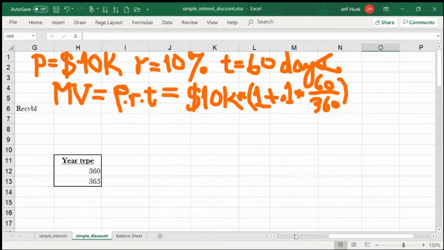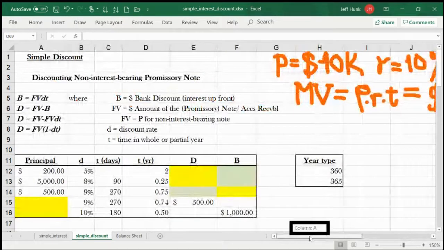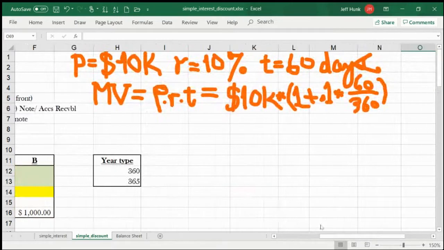And so if they are hit by some cash flow problem, what are they supposed to do? Now, this is where the promissory note comes into play.